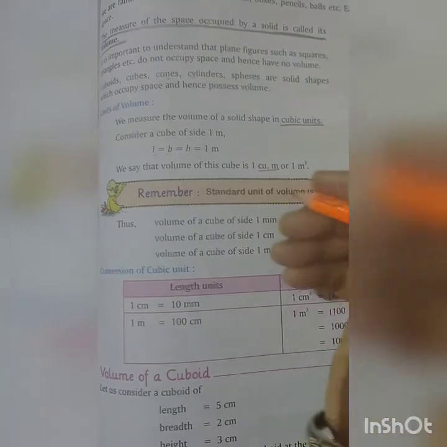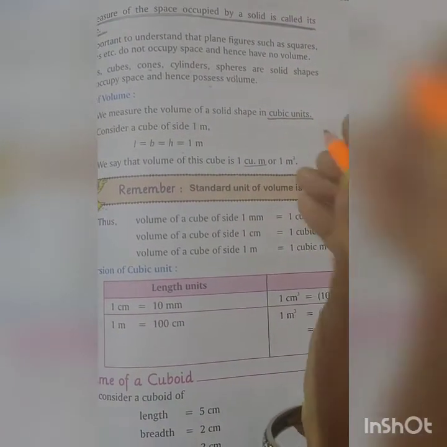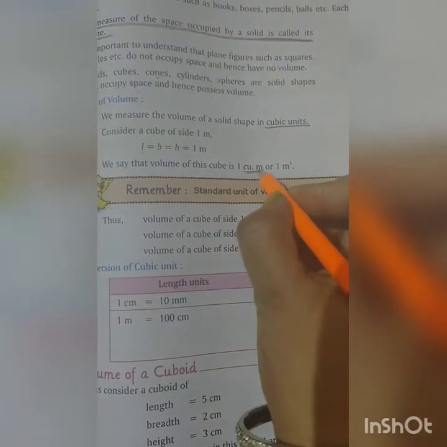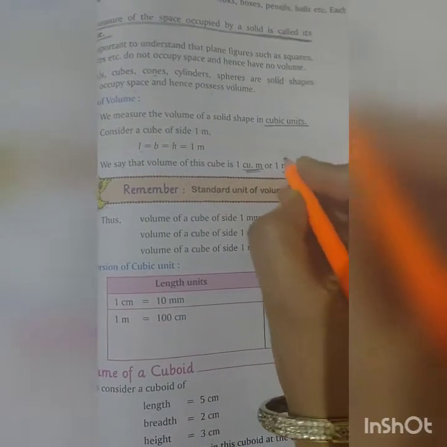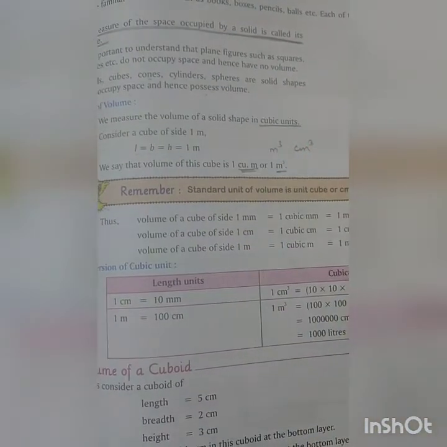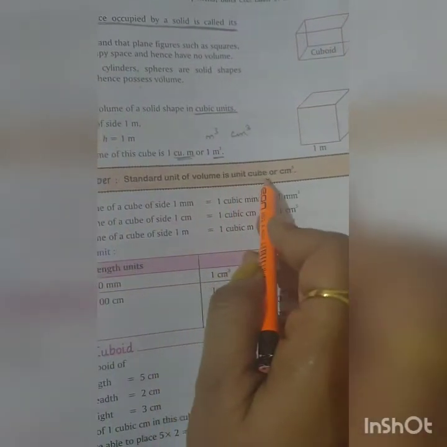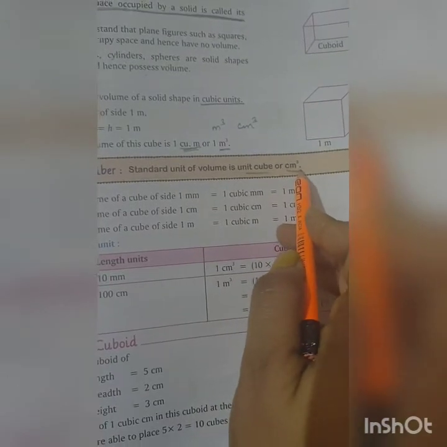Cubic units means whatever the unit is, centimeter or meter, it becomes cubic meter, cubic centimeter, or we can write meter cube, centimeter cube. Remember, the standard unit of volume is unit cube or centimeter cube.